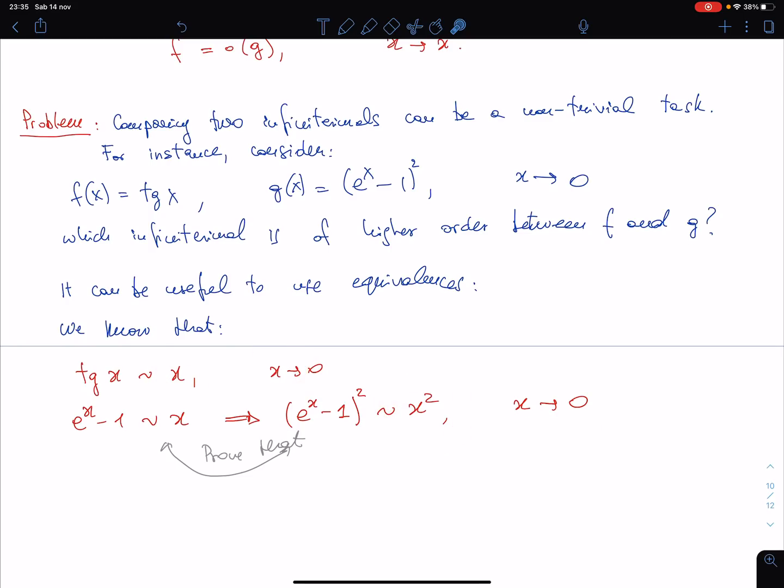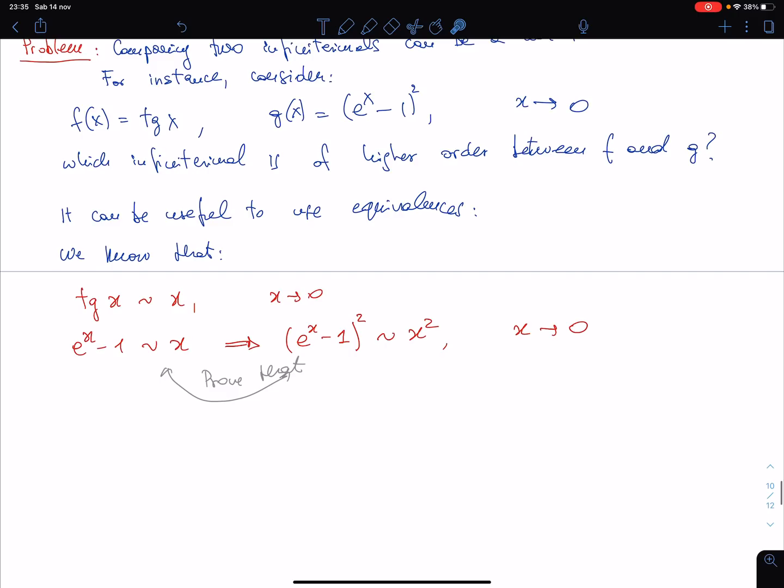Then the same relationship will hold between their equivalent functions. So it will happen that (e to the x minus 1) squared is more infinitesimal, so it is of higher order as an infinitesimal than tangent of x. Okay, this is the conjecture.